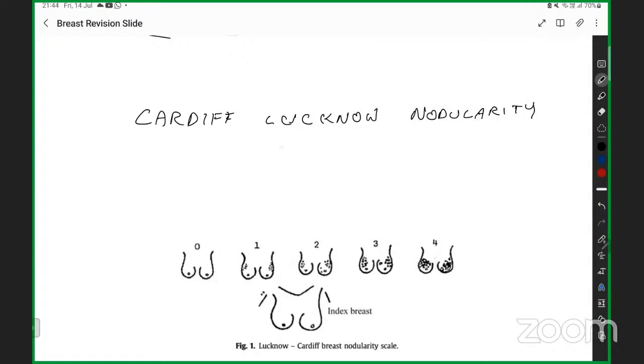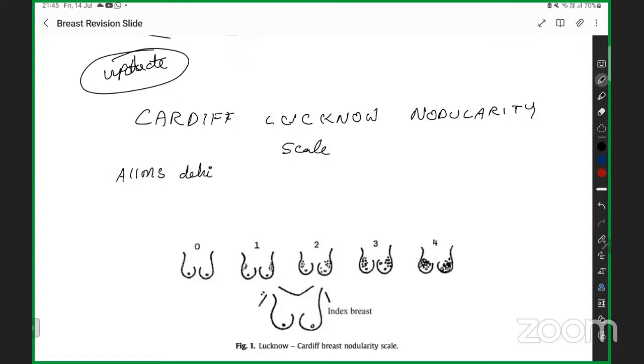Remember this. This is once again an update from your Bailey and Love 28th edition. The Cardiff Lucknow nodularity scale was devised by AIIMS Delhi previously. Now it is added in the standard textbook.